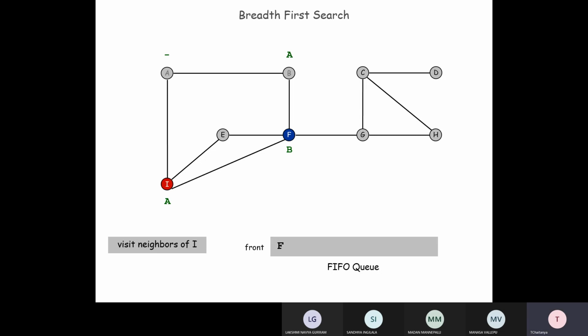Now consider the neighbors of I. How the paths are considered, please visit once, then you might have clarity.